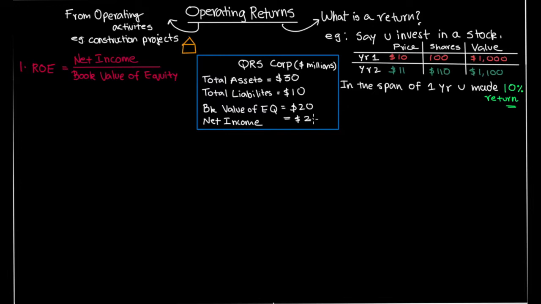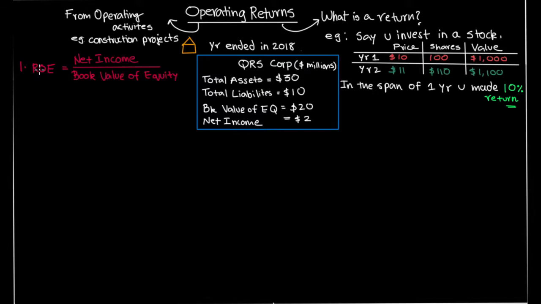Net income is about 2 million. It is for the year ended in 2018. So by the end of 2018, we have this much assets, this much liability, this much equity, and this much income. Okay, so let us make an example out of this.